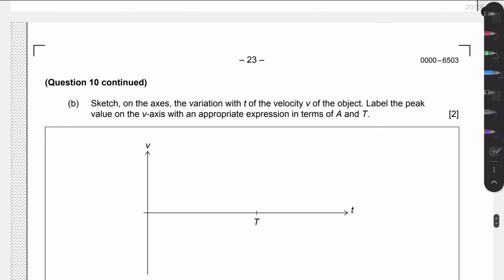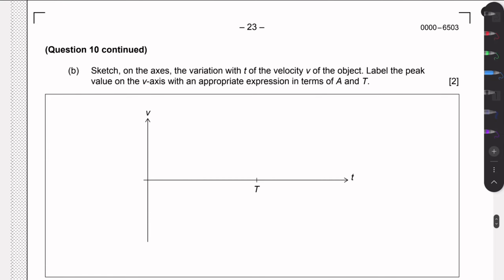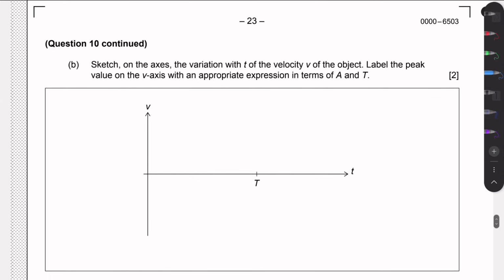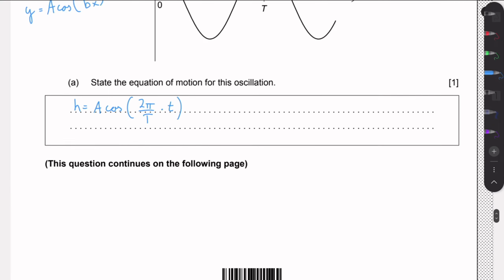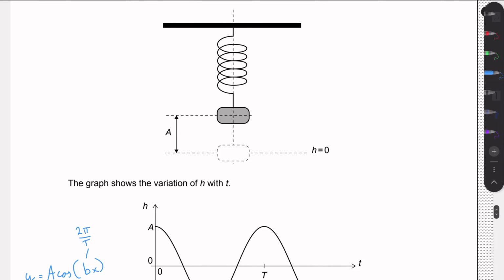And then we also need to sketch on these axes the variation of the velocity with time, and we need to label the peak velocity. If we remember from simple harmonic motion, we always have a speed of 0 at the ends of the motion, and we have the maximum speed in the middle of our motion, always.